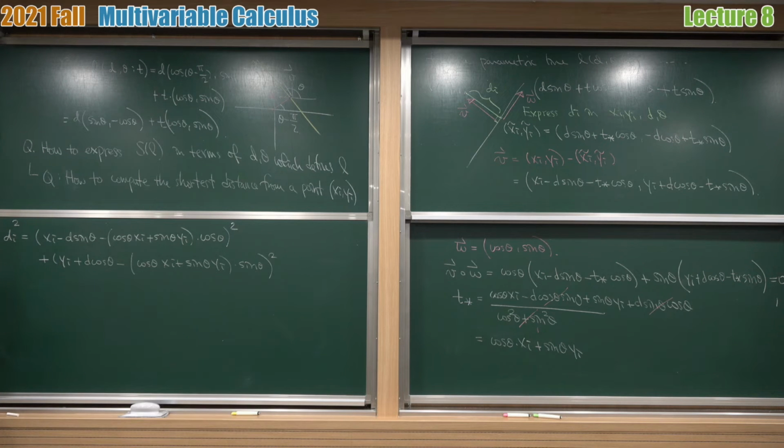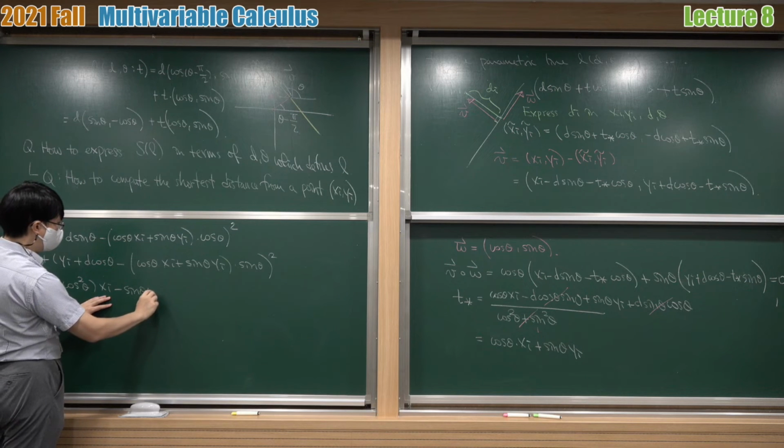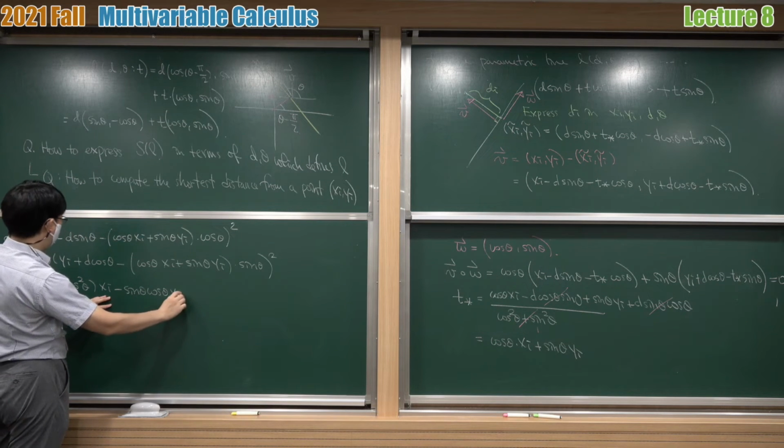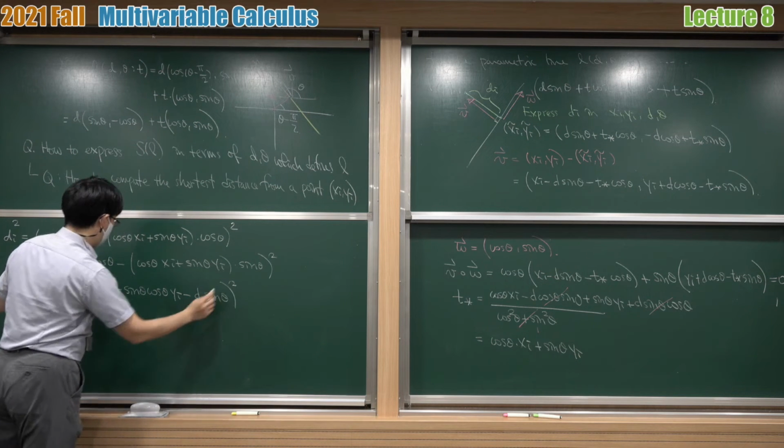Let's make it simpler. So I want to combine the xi parts in here. So it's 1 minus cosine square times xi. And how about y? We have minus sine theta cosine theta yi, and we have minus d sine theta square.